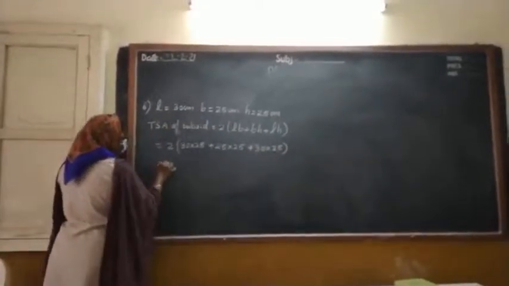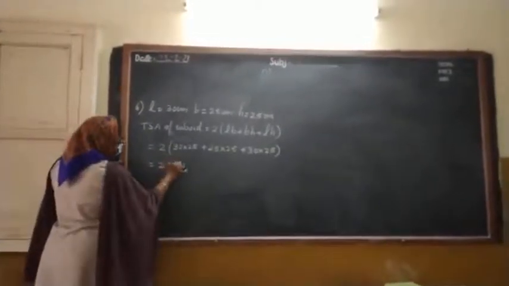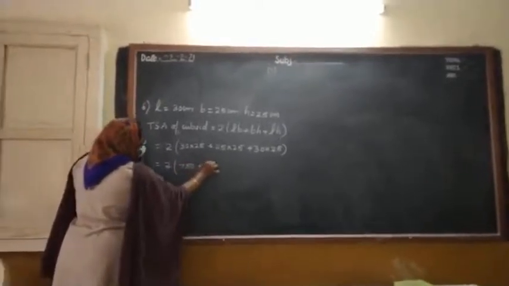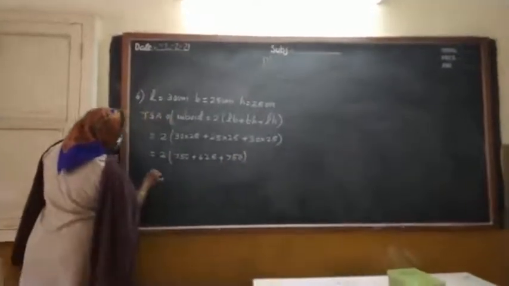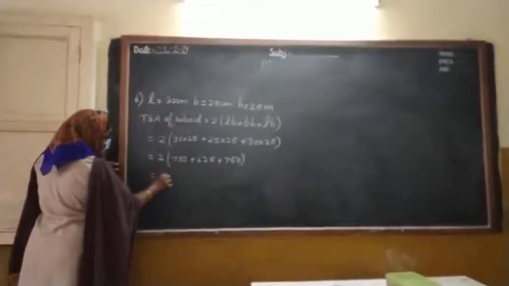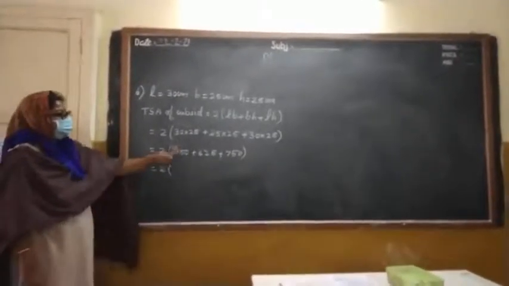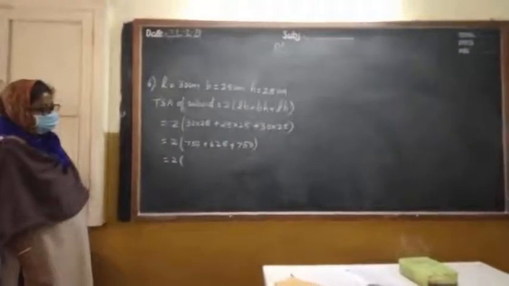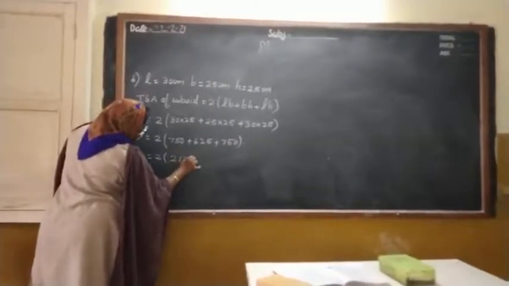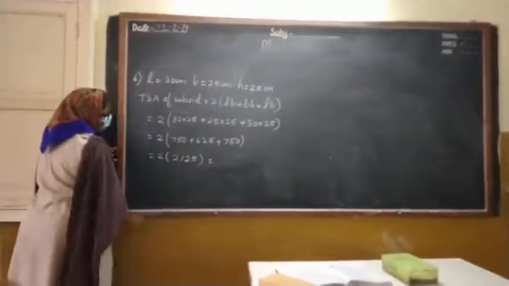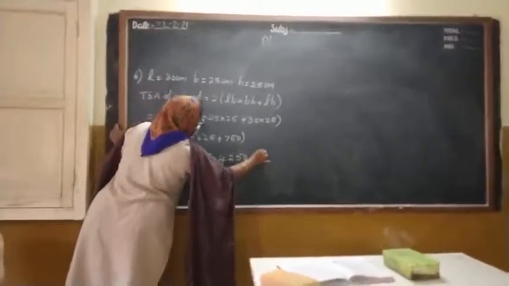So 2 times 750, 625, 750. Now 750 plus 750 is 1500, then 1500 plus 625 is 2125. Multiply by 2, 4250. That much centimeter square.